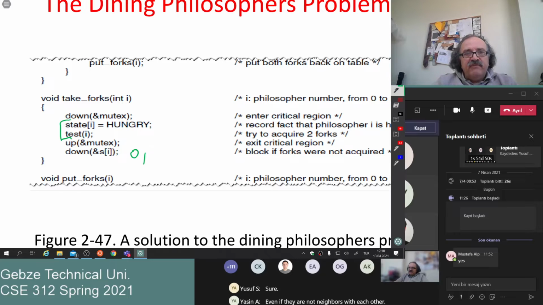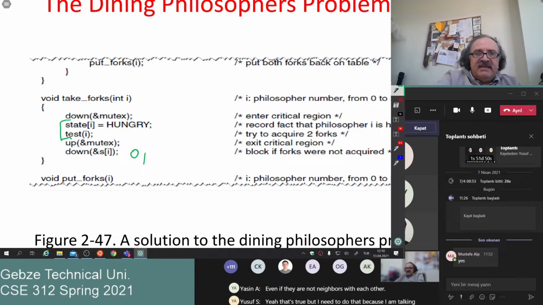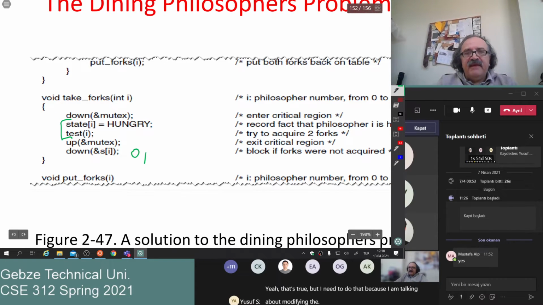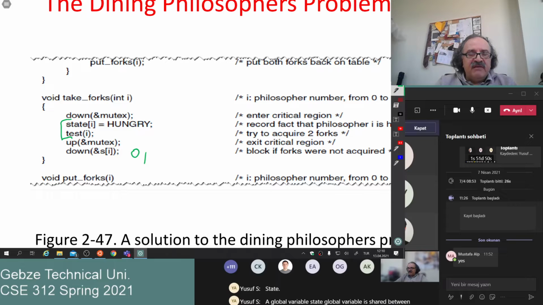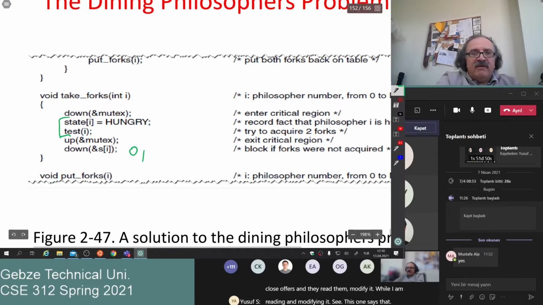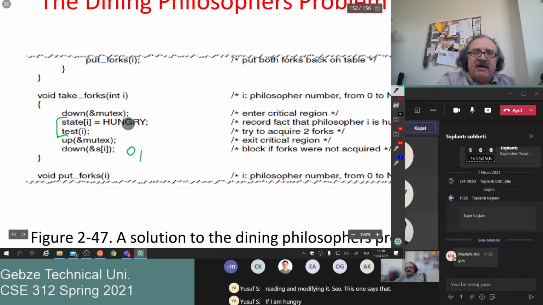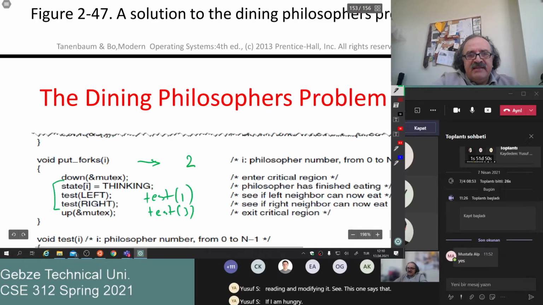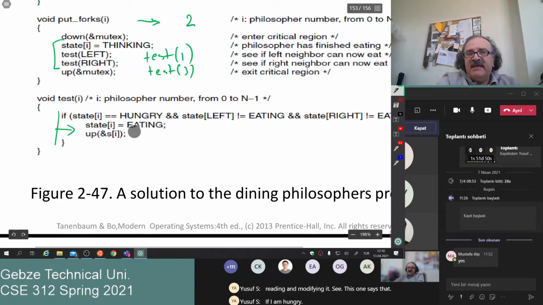Yeah, that's true. But I need to do that because I am talking about modifying the state global variable. And the state global variable is shared between the philosophers, and they read and modify it. While I am reading and modifying it, this one says that I am hungry, then it calls test, and test modifies the state again.